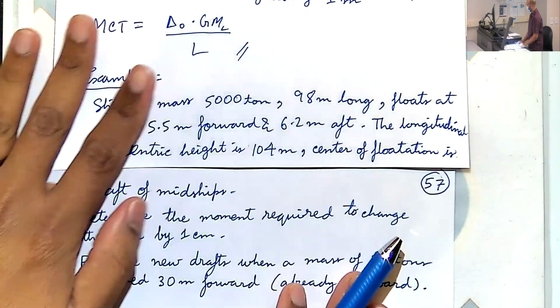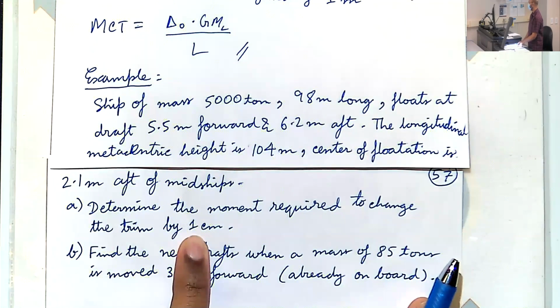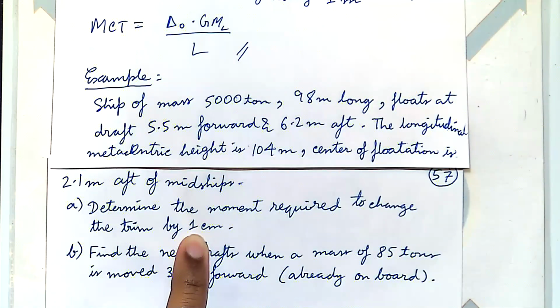All right, for our question, we asked how much moment we need to change the trim by 1 centimeter. What do we do? That would be the MCT times 0.01.